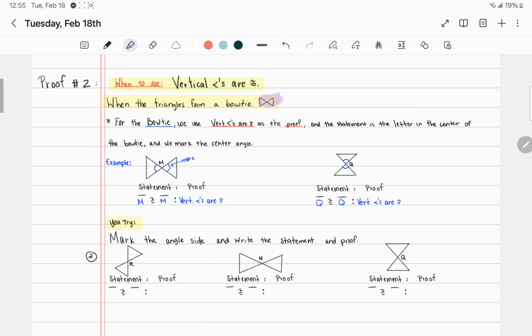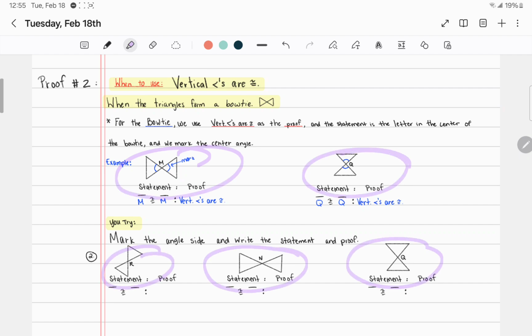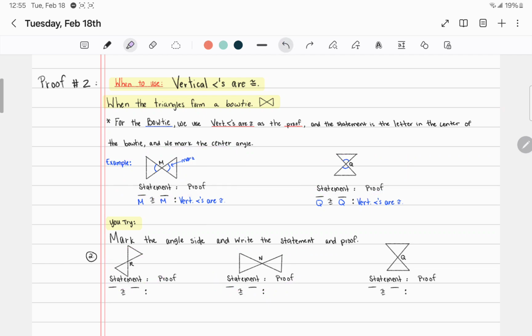This is a bow tie. You guys see all the little bow ties. It doesn't matter how it's standing, if it's laying, if it's sideways, they're all bow tie shape. When you see the bow tie shape, we automatically use vertical angles are congruent.